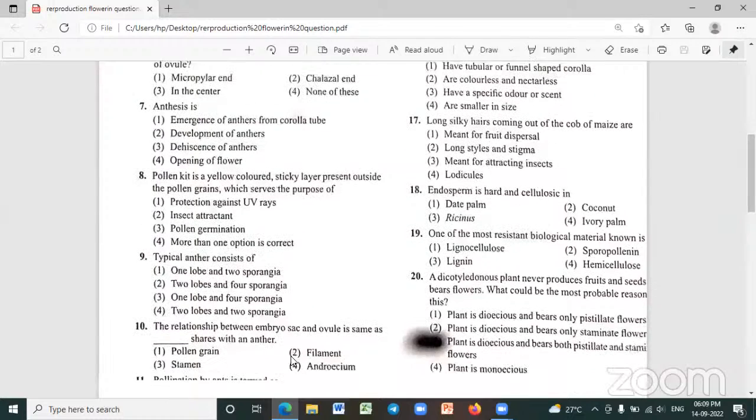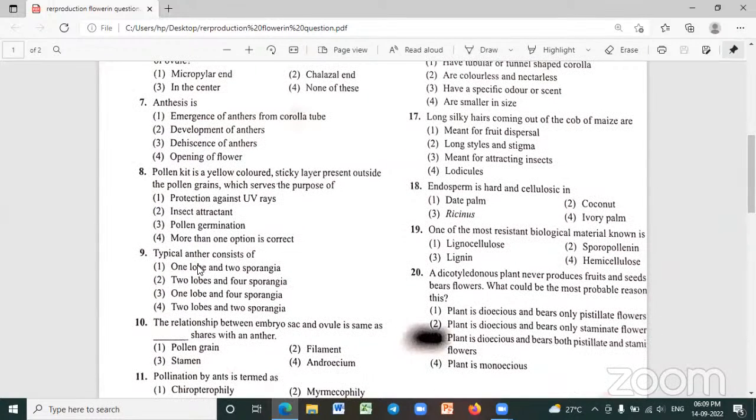What about the ninth one? Typical anther consists of, already you know about it, which one? One lobe and two sporangia, one lobe and two sporangia, and two lobes and four sporangia. Already you know, tetrasporangiate, bilobed. We already studied it.